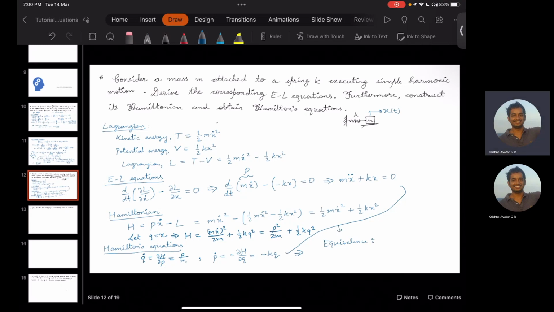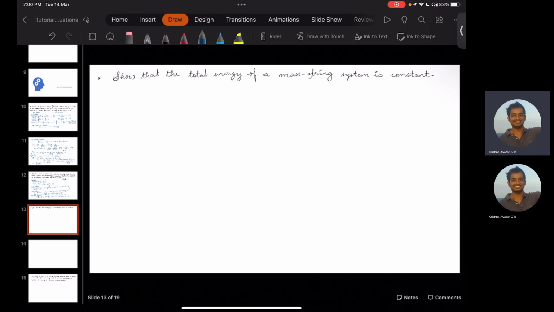We'll just substitute the expression for p dot. So p dot is m x double dot, because m is a constant, and minus k, and q was nothing but x. So you see that we have obtained the original equation m x double dot plus kx, just to show the equivalence between the Euler-Lagrange and Hamilton's equations.